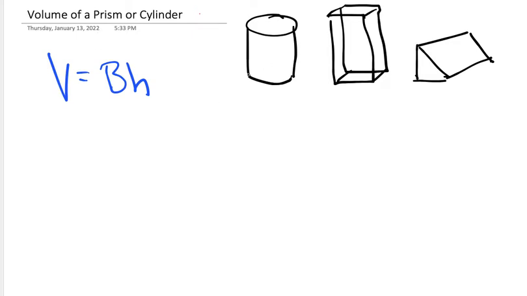So the first important thing is to recognize what the base stands for in these shapes. But first let's talk about this capital B. When we talked about area, we talked about how to find the surface space in a couple of shapes. We did a circle, and we learned that the area is pi r squared.